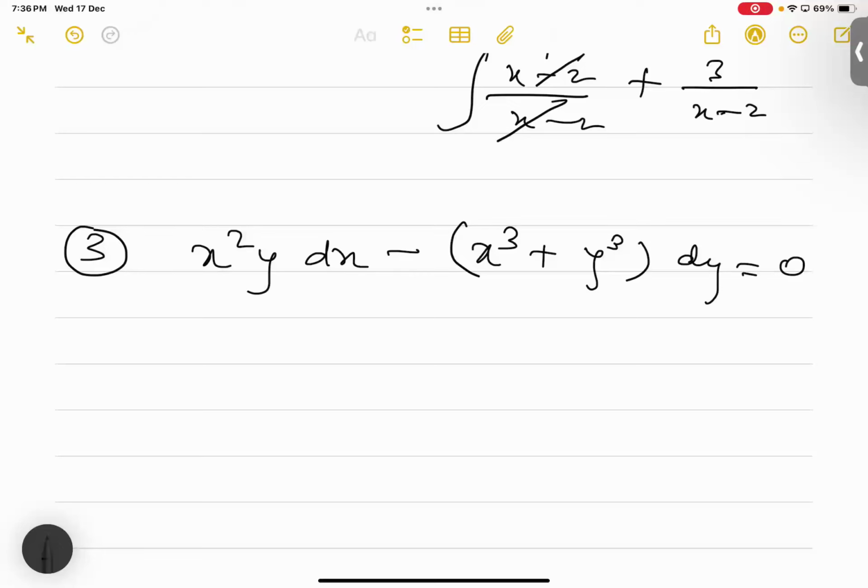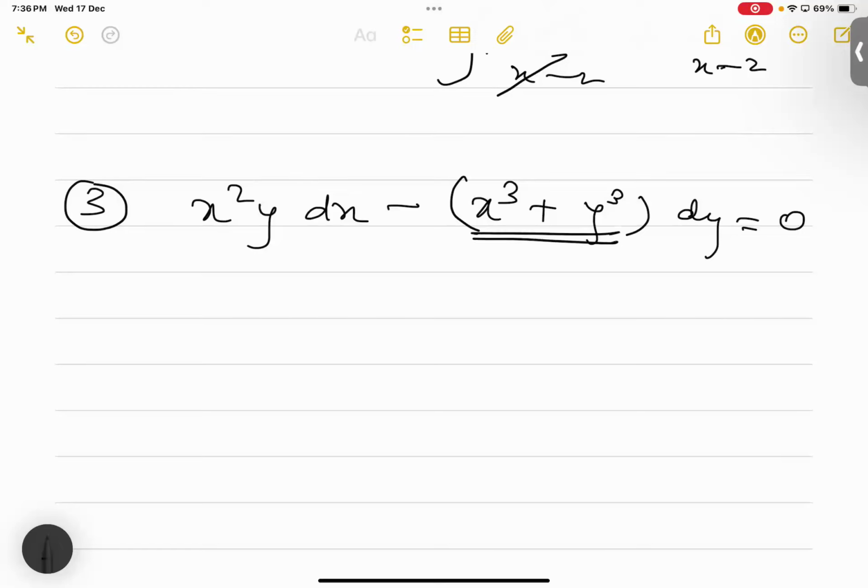Just a second, you can copy the question. You can figure out whether it is HDE or not.